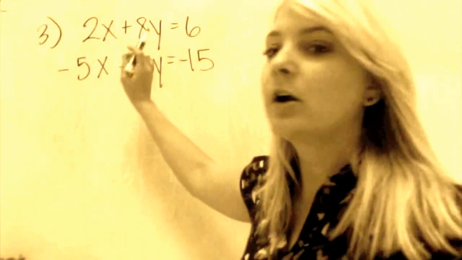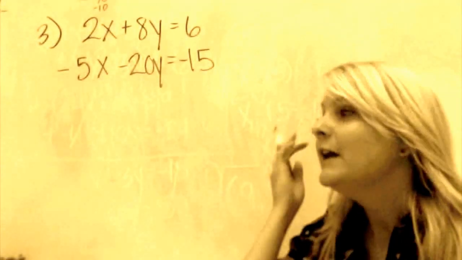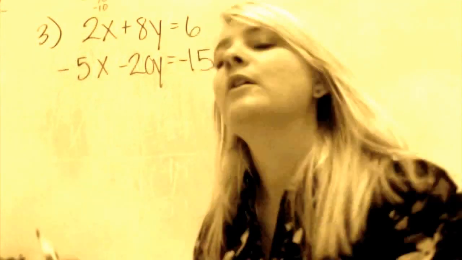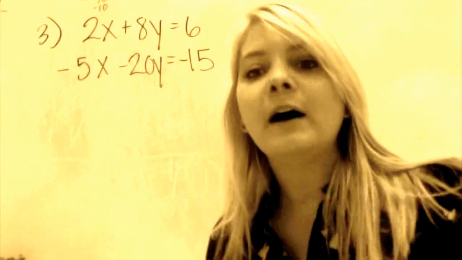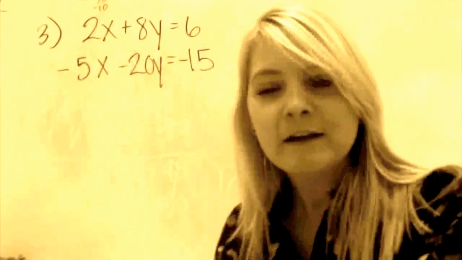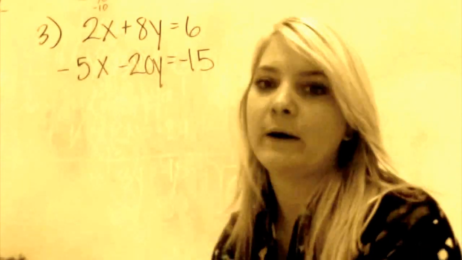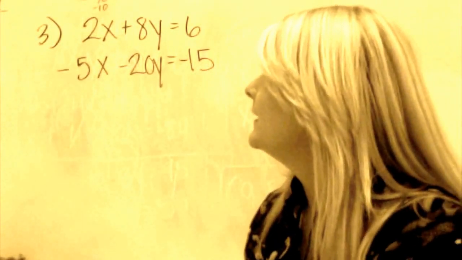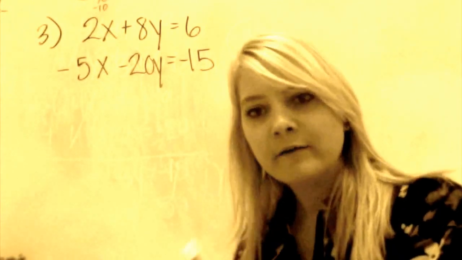So we need to make our coefficients positive 10 and negative 10. Now if we look at our coefficients, one's already negative and one's already positive. So we're going to be multiplying by a positive constant for both of these to keep that negative coefficient of our second equation.